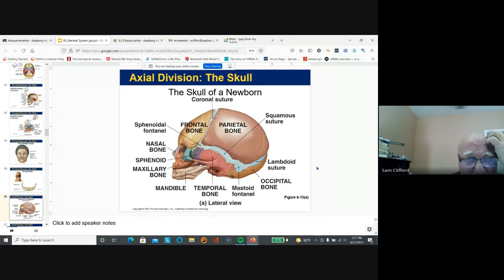Okay, know about the soft spots in the infant. I remember when my older daughter Kirsten was born. She just had a baby on July 1st, Freya Emerald.